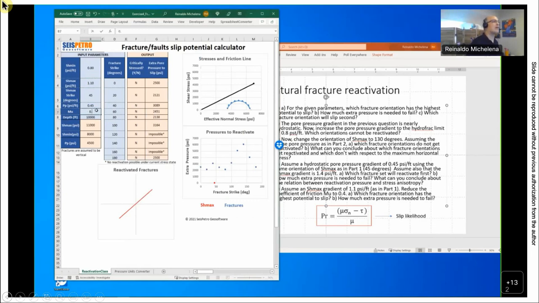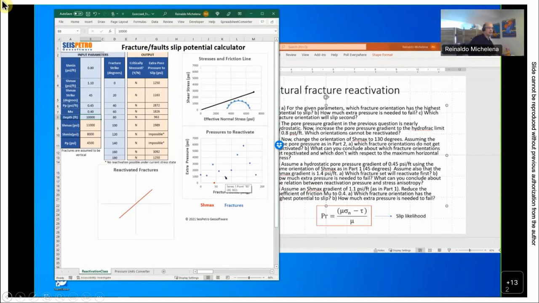Now the 0.4 will bring the friction line and the Mohr circle closer again. So then you can go over the same exercise, but now the orientation that will be closer to reactivation will be 80 degrees. Not 20 as before. 20 will be kind of close, but it still will be 80. Okay. So this is the first part of the exercise.